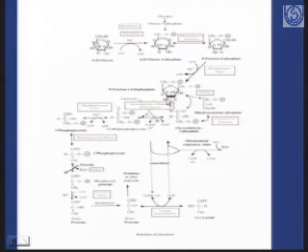Now, fructose 1,6-bisphosphate is a 6-carbon molecule. It has two phosphates, one at carbon number 1 and one at carbon number 6. This molecule splits in the center, right here. It splits in the center to give you two halves of 3 carbons.